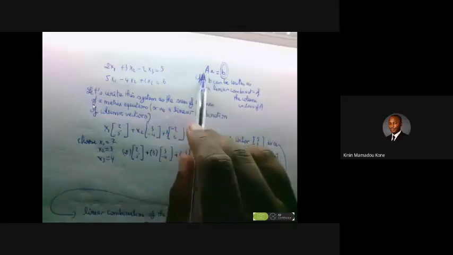Now, if you cannot find a linear combination of the columns that gives you that b, then the system is inconsistent. That's what this theorem is actually meaning.